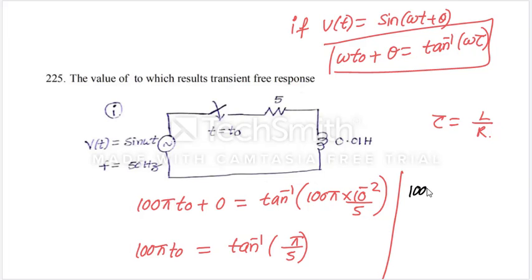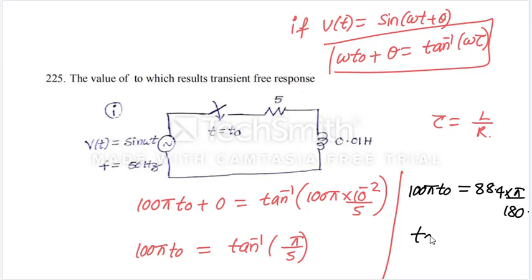So 100 pi t naught is equal to tan inverse of pi by 5. How much is the value? This is 88.4 degrees. Convert into radians, multiplying by pi by 180.